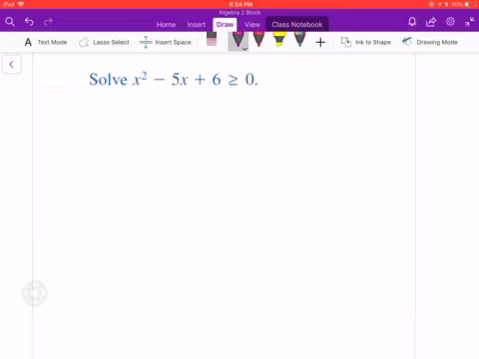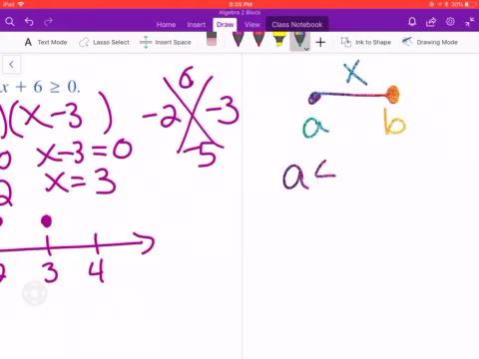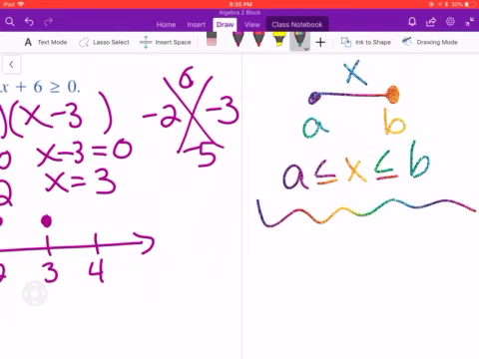Now I have two options. When solving a quadratic inequality, you're going to have two types of solution sets. You're going to have two values. Let's say that this is A and this is B. You're either going to have your x's between A and B, so x is greater than A and x is less than or equal to B. That's one option.